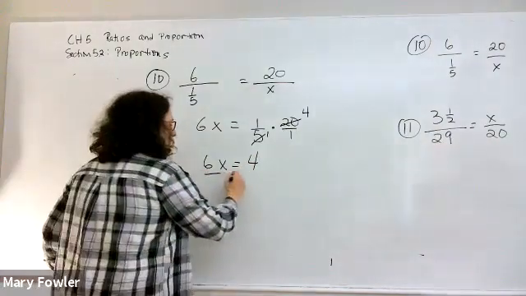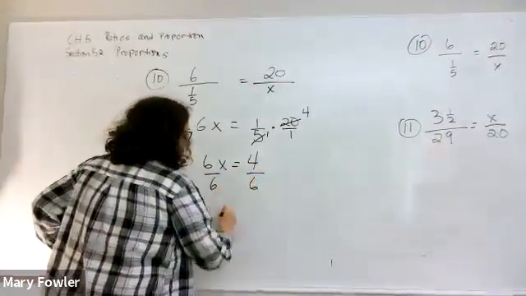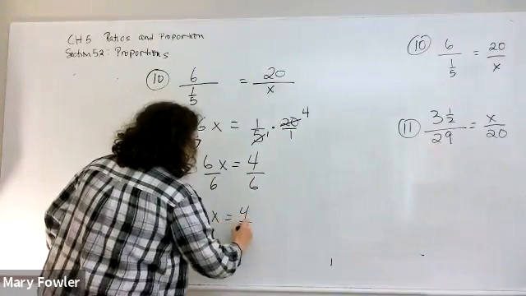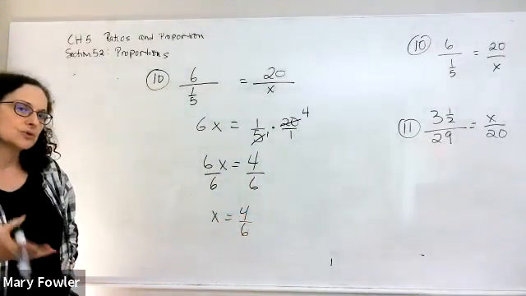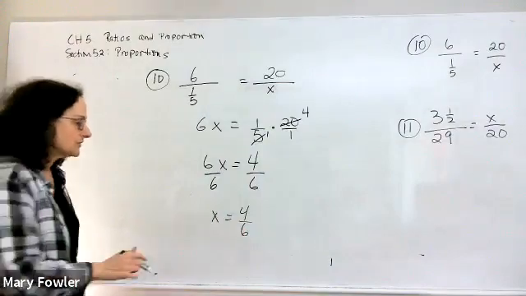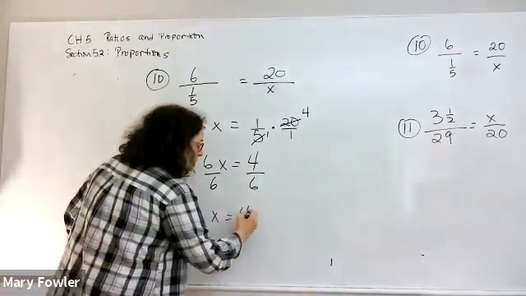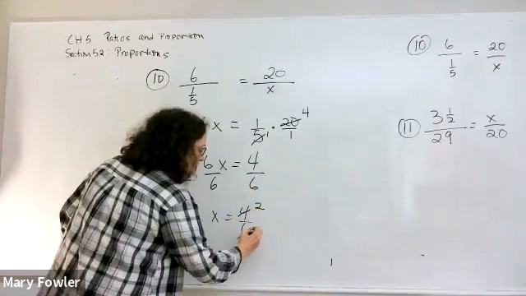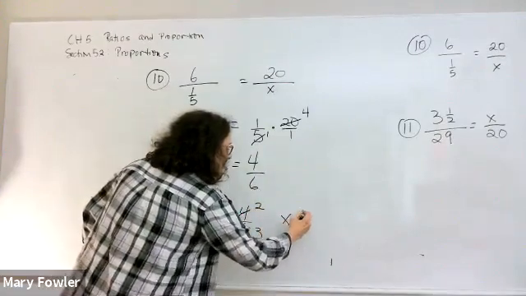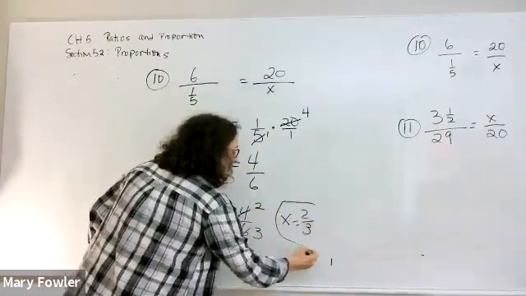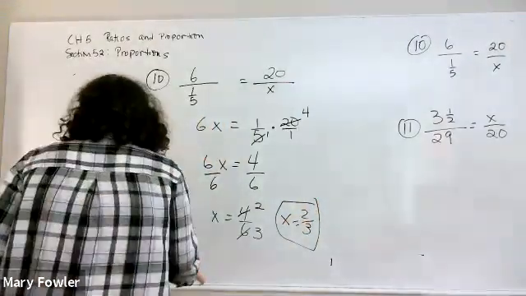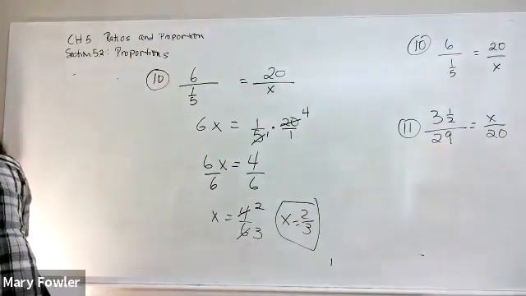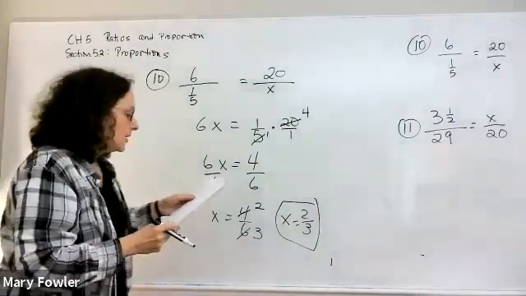We're going to divide both sides by 6. x is equal to 4/6. And is that in lowest terms? Are there any common factors? In fact, there is a 2. 2 goes into 4 2 times. 2 goes into 6 3 times. x equals 2/3.